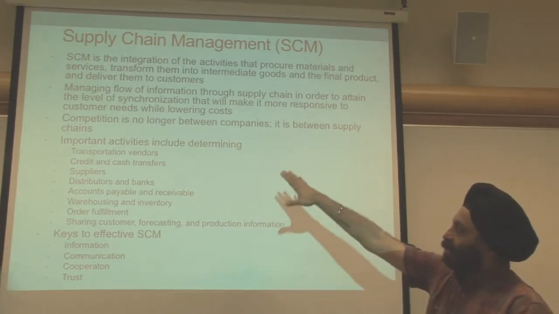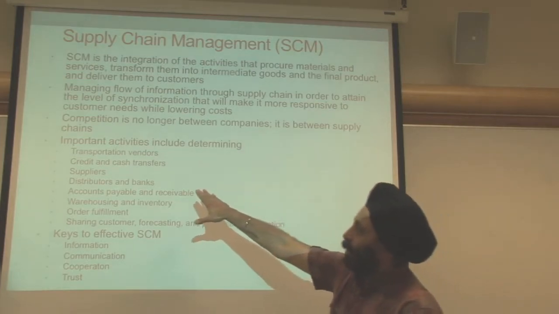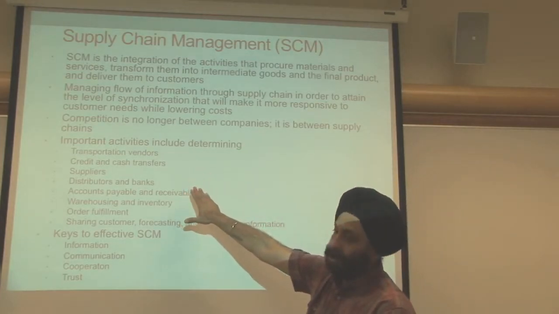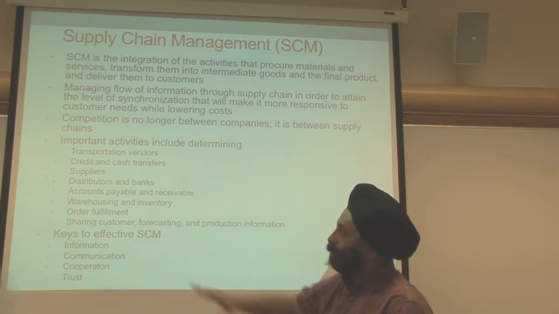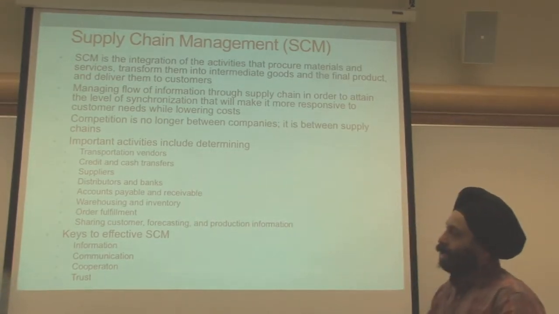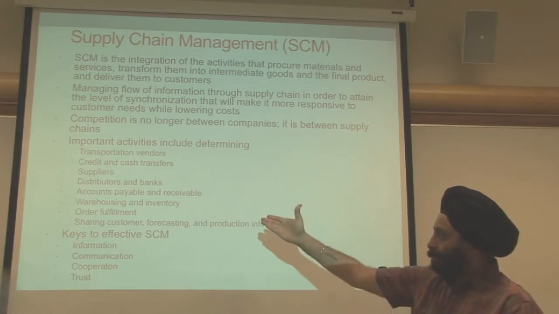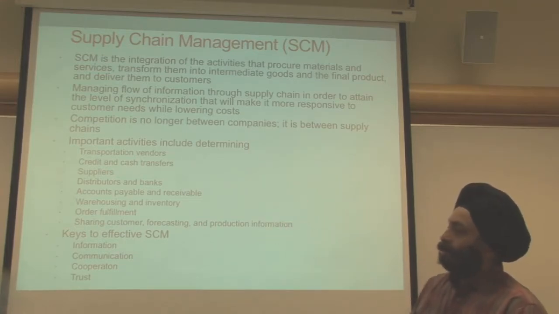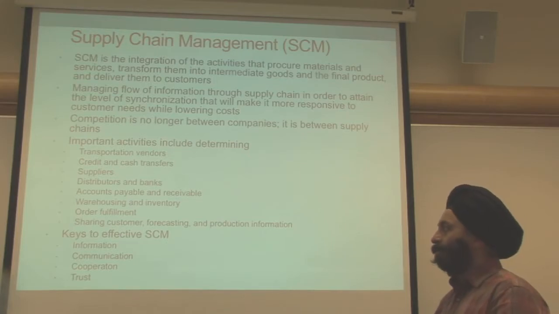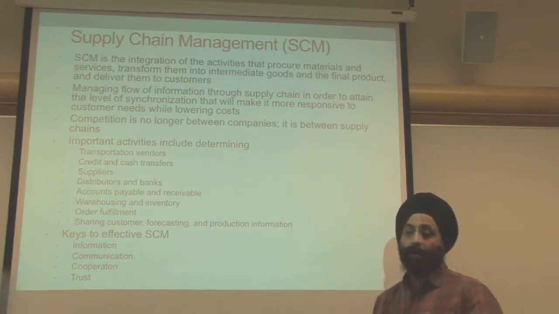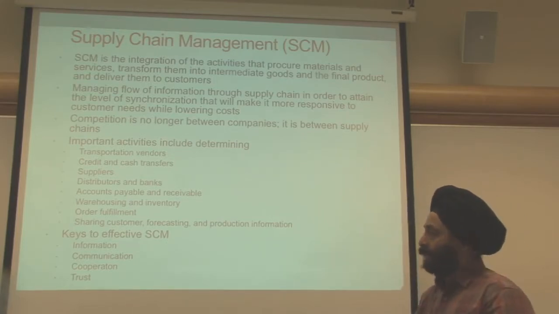Important activities determine who your transportation vendors are, credit and cash transfers, suppliers, who your distributors and banks are, accounts payable and receivable, warehousing and inventory, order fulfillment, and sharing customer forecasting and product information. How good is that information exchange?